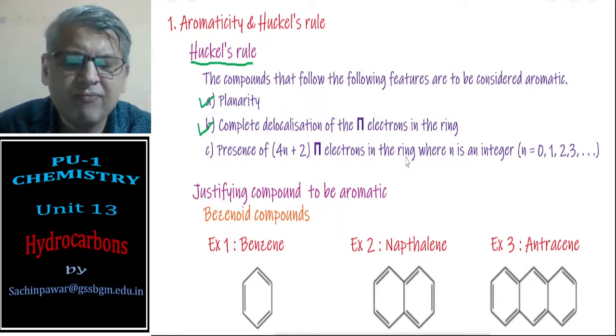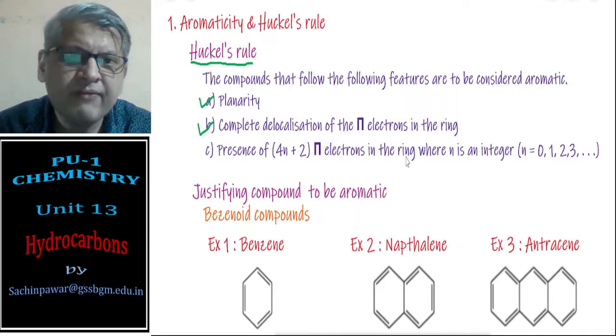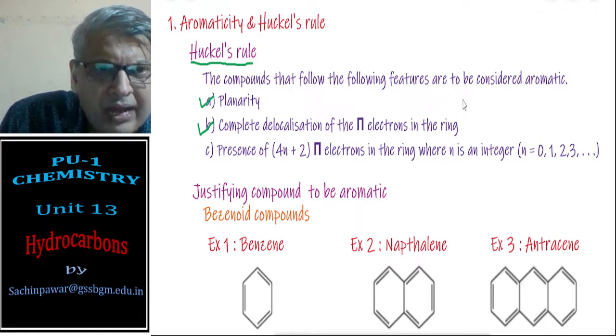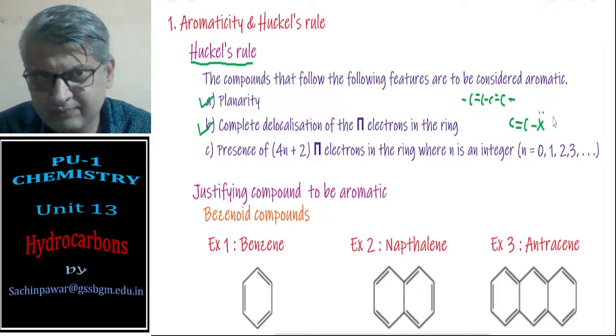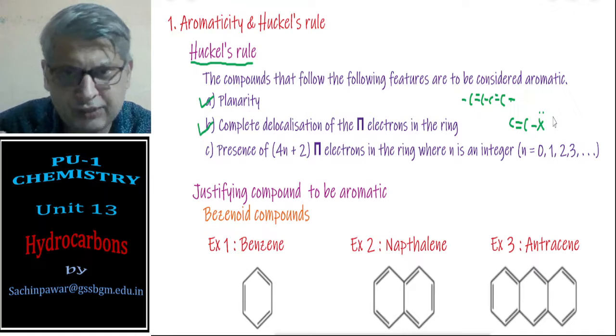That can be easily ascertained if you know the mesomeric effect from the previous unit of PUC first year. The compound should have either alternate single bond, double bond, single bond, double bond, and so on, or at least one double bond attached to an atom with a lone pair of electrons. Then we can say that it has delocalization.